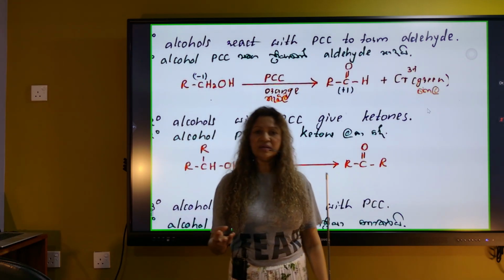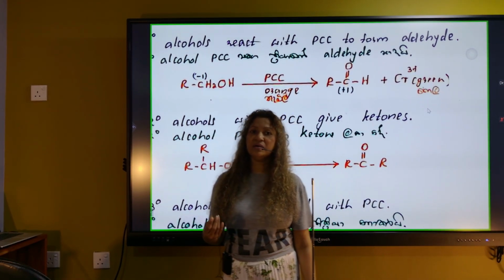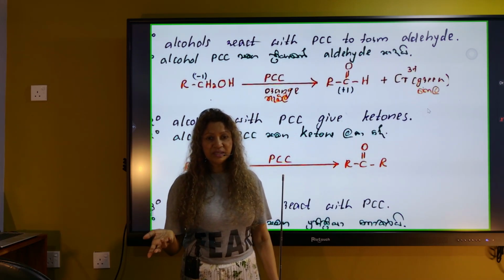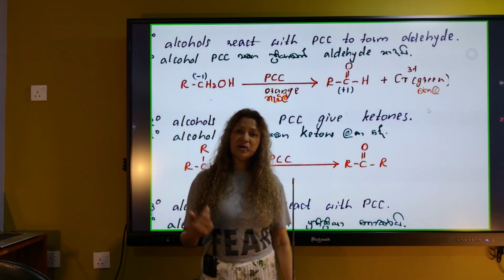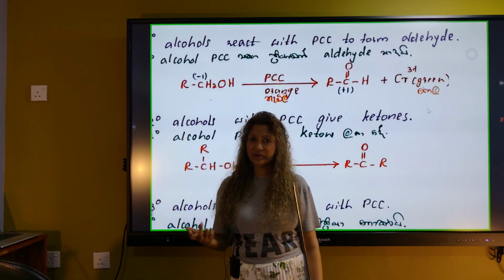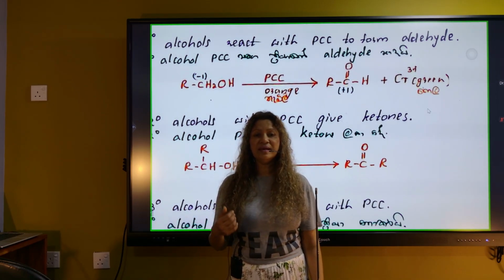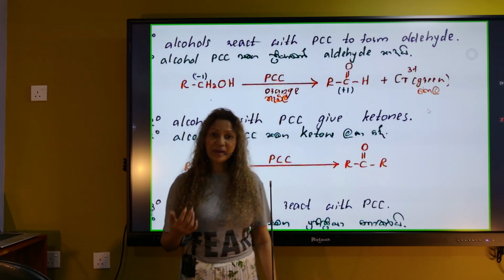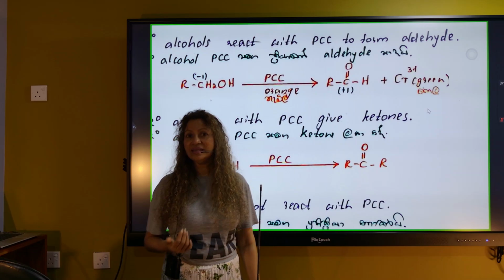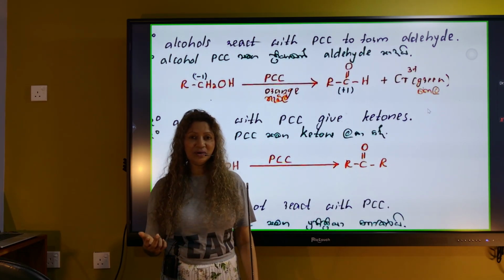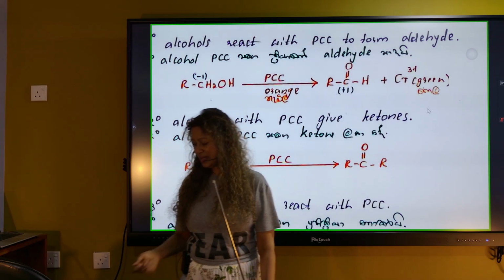Remember, with strong oxidizing agents: primary alcohols give carboxylic acid, secondary alcohols give ketones, tertiary alcohols no reaction. With PCC, a mild oxidizing agent: primary alcohols give aldehydes, secondary alcohols give ketones, tertiary alcohols no reaction.